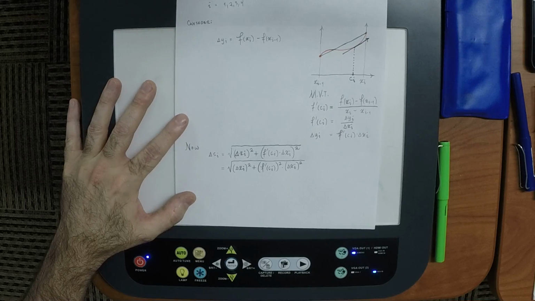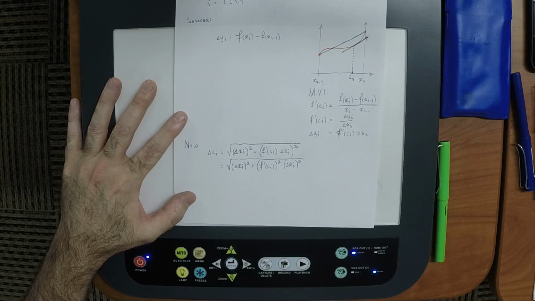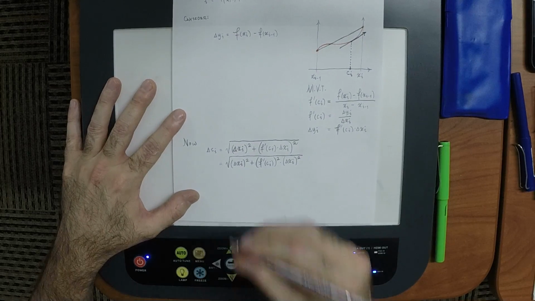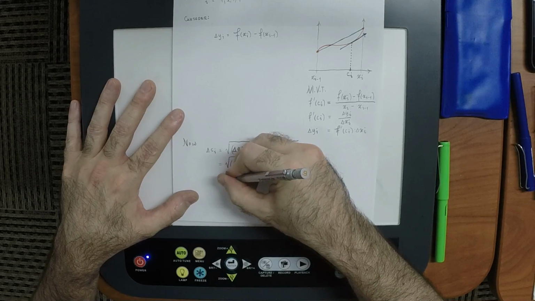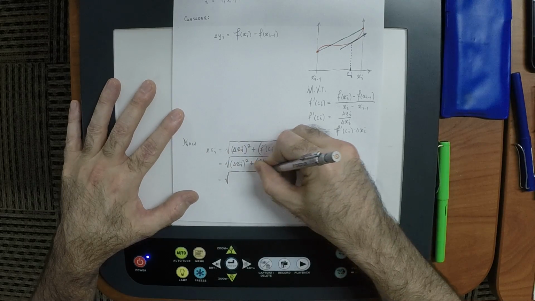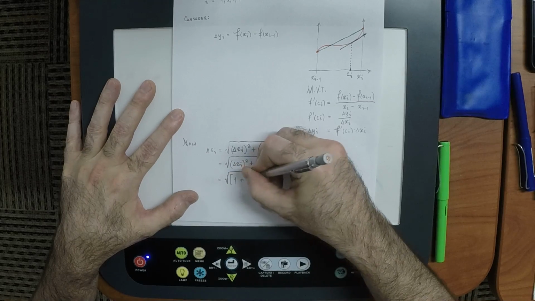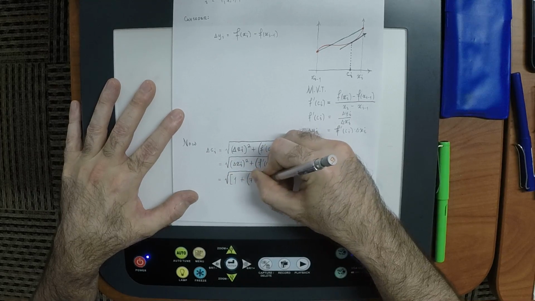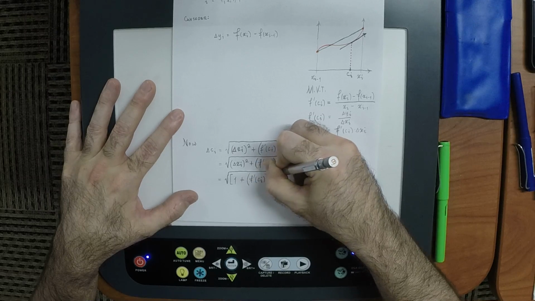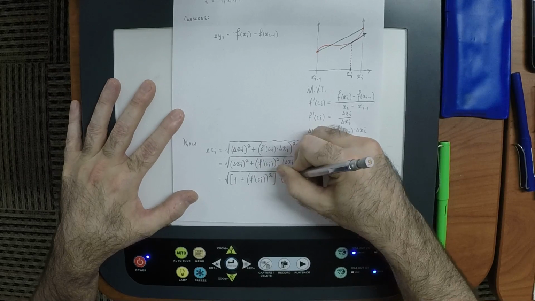Then notice that those terms have a delta xi squared in common. I can factor that out so that it looks like this: 1 plus derivative at ci squared, times delta xi squared.